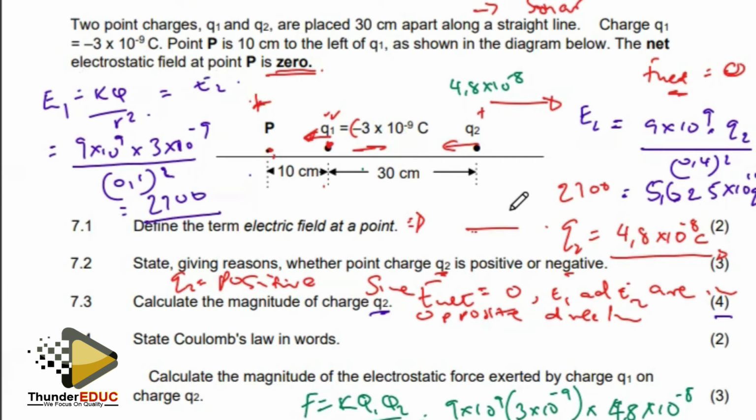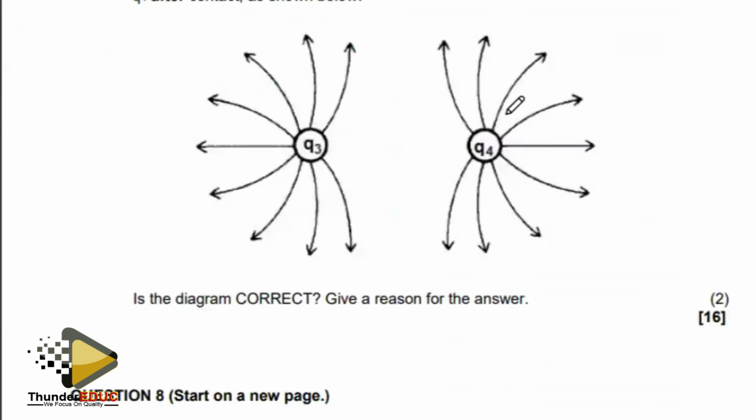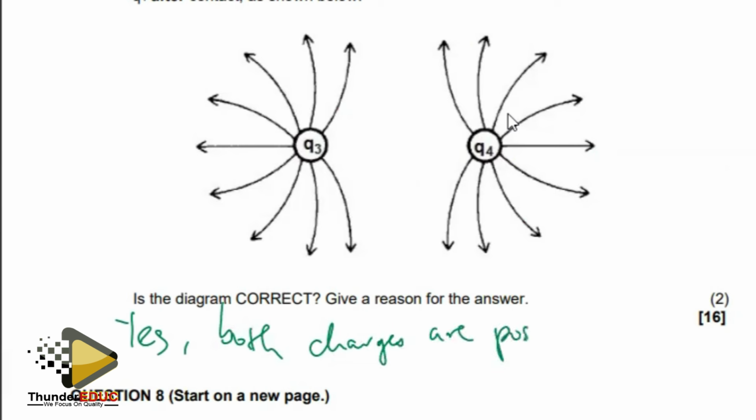Okay, I get a positive answer. I divide it by 2, which means it's correct since the field lines are moving out. So the answer is a yes, because both charges are positive and equal in magnitude.